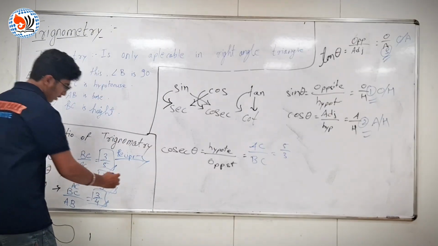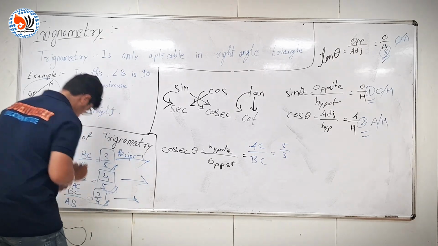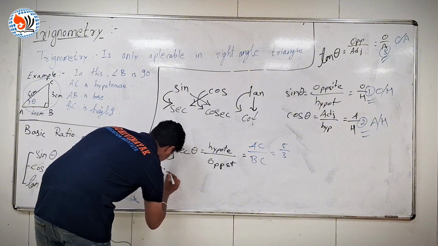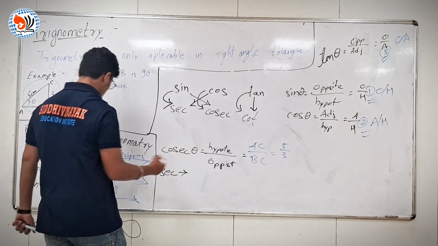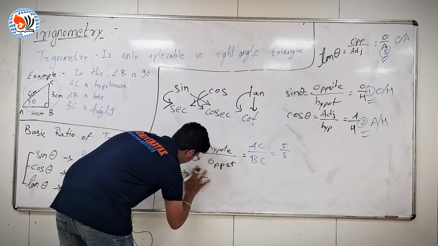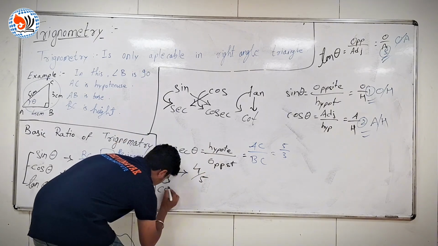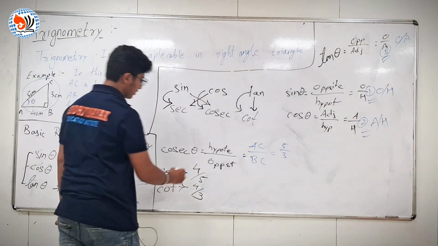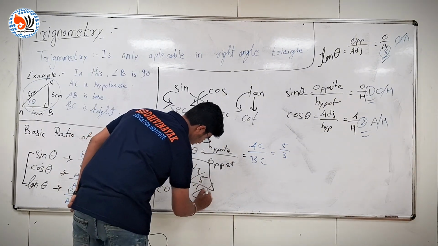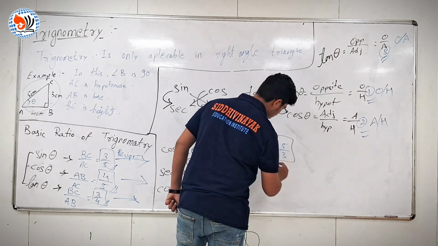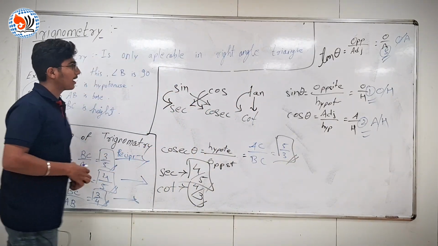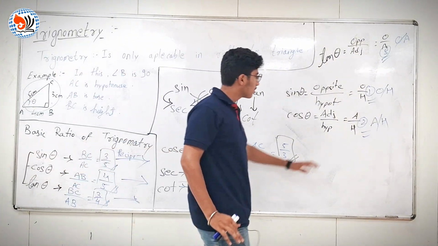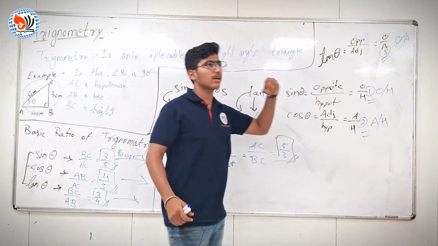Reciprocal. Now again this and this. The answer will be continued as sec will be 5 by 4 and the cot will be 4 by 3. Now these are our answers for this example, and these are very easy to learn. The basic formula to learn, OA, will help you in the exam also.